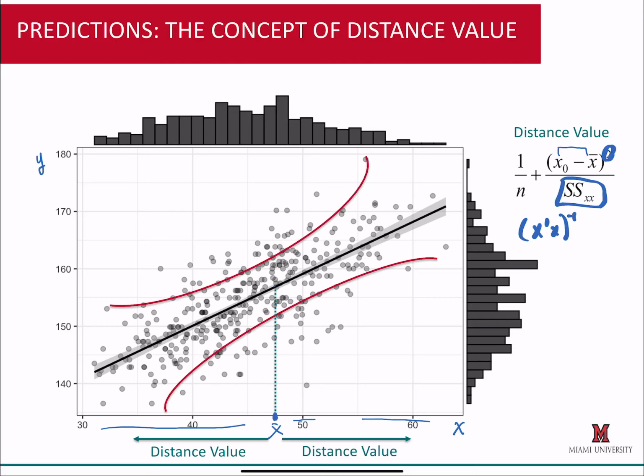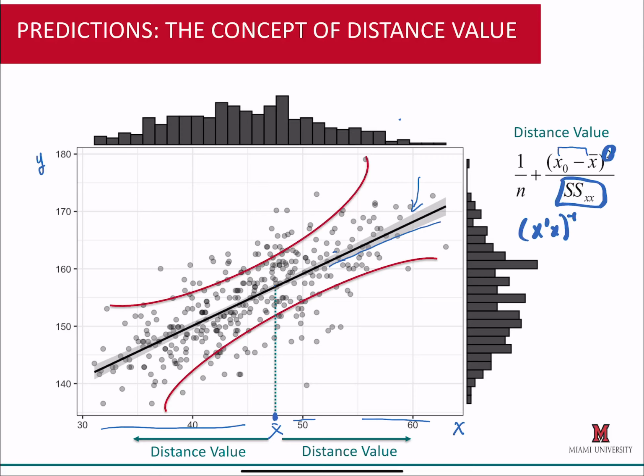The idea is that if we make a confidence interval, the further away we are from the value of x bar, from the mean of the predictor variables, then the more difficult it is to make a prediction. That's why you will see that confidence intervals on the average, which is this here, you can see these actual lines that are closer to the average.